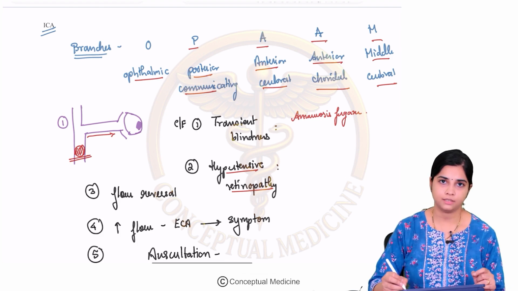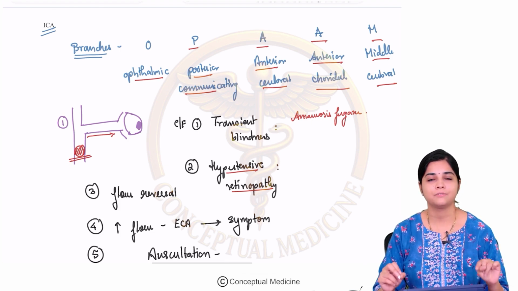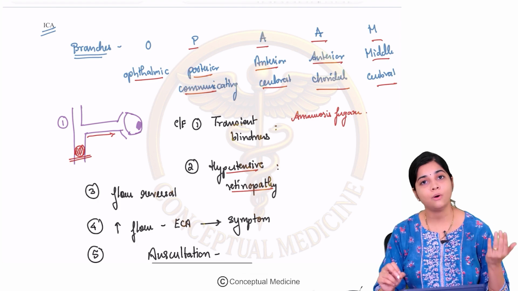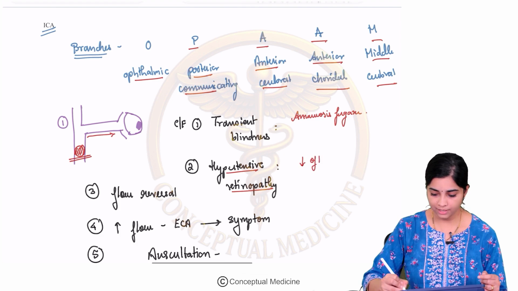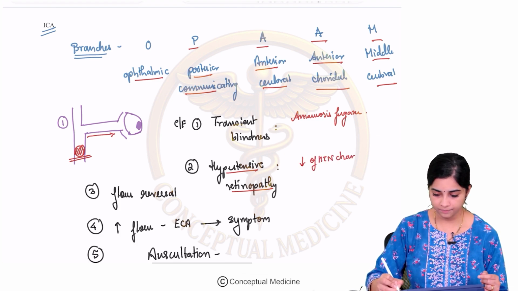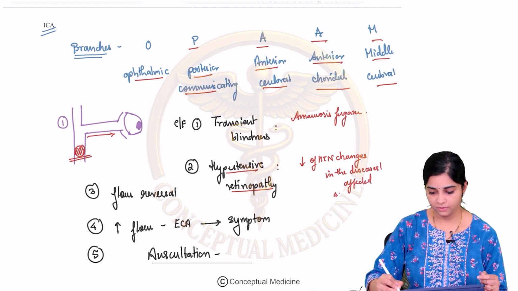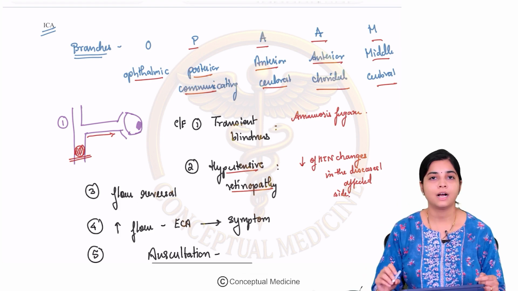It is going to decrease. Then the hypertensive changes in that eye will also be reduced, on the diseased or affected side. So if you have a right-sided carotid occlusion, the hypertensive changes in the right eye will be reduced.